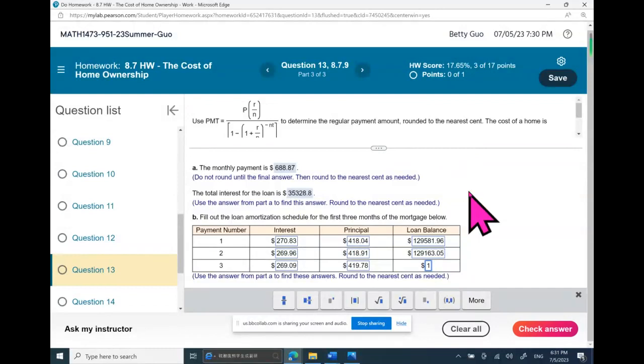This time you see it's getting lower and lower.